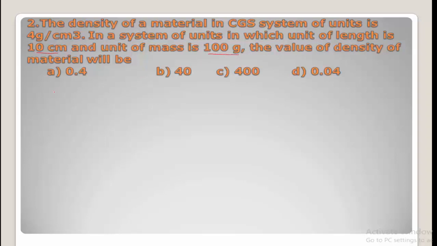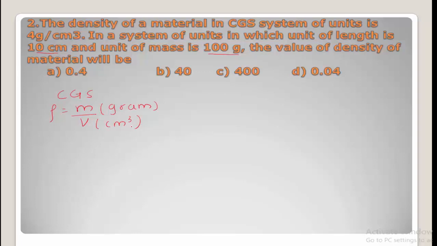So there is a unit, so that is in the CGS system the density is given by mass by volume. The mass is in gram and the volume is in centimeter cube, isn't it?